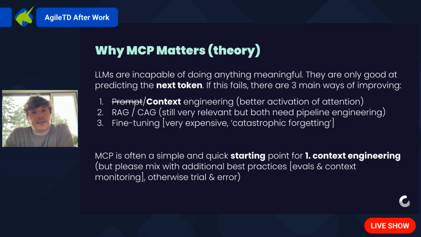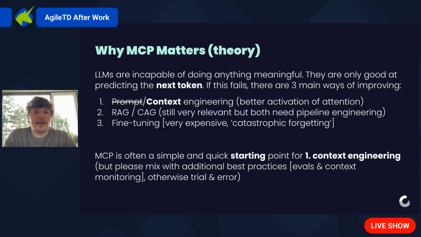LLMs, basically, they're incapable of doing anything meaningful. They are only good at predicting the next token. That's what they were trained for. That's their optimization goal. And if this fails, and it often does, because the knowledge base is outdated, depending on the cutoff date of the different models, you actually have to even manage for that cutoff date.